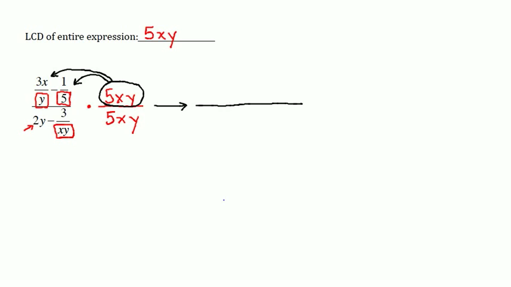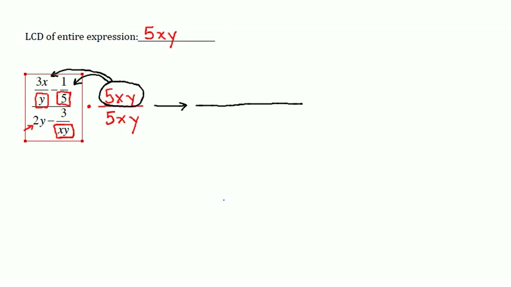And to help me do that, I'm going to do a few things. One of them is that I'm going to bring in some temporary blockers to show what is canceling for this product. So the first computation I'm going to do is 3x over y times 5xy.